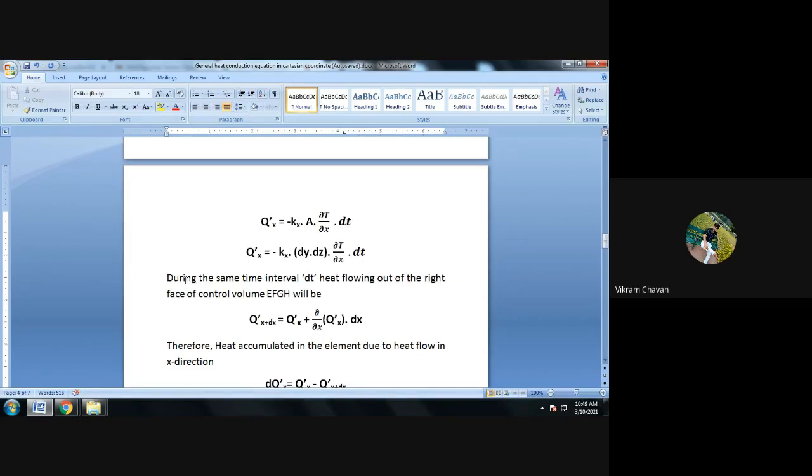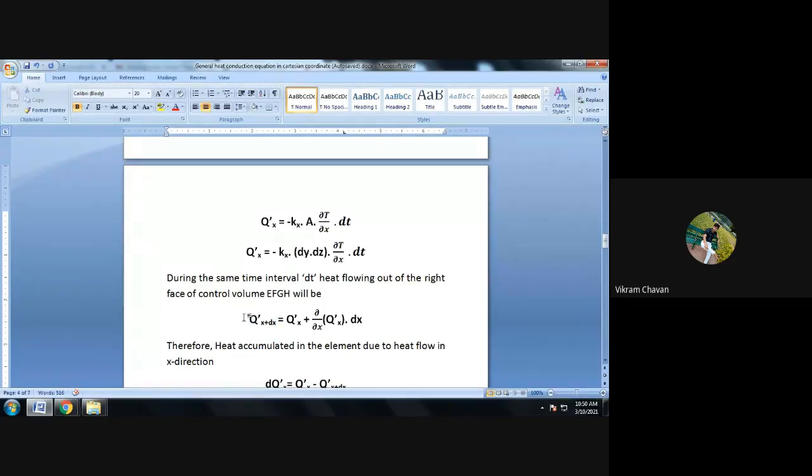From the opposite side, heat is flowing outside the element, that we have considered. So during the same time interval dt, heat flowing out of the right face of control volume EFGH, for that we provide the nomenclature q dash suffix x plus dx.